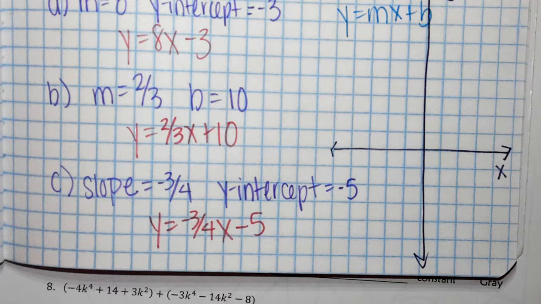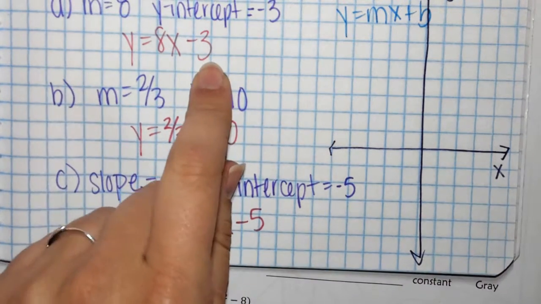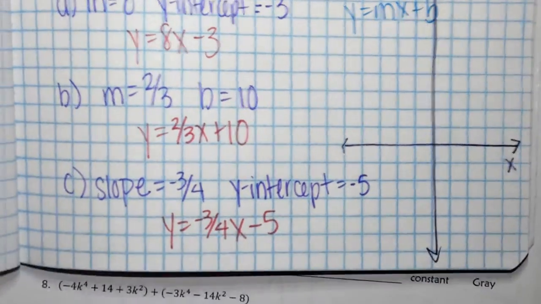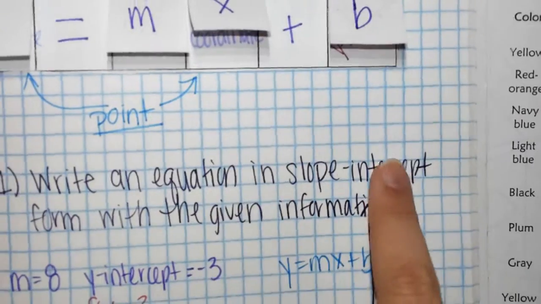We start at 0, right? But this is not a direct variation. We cannot start with slope. So what do we start with? If we can't start with slope, what else do they give us? The y-intercept.